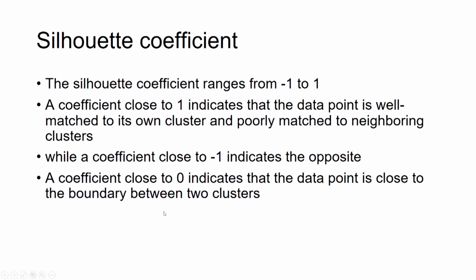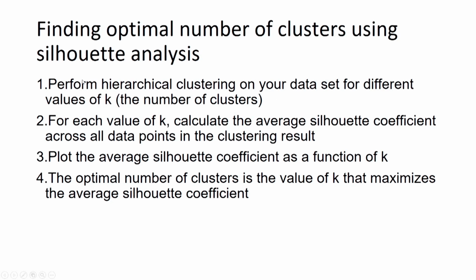In that case also, whatever Silhouette coefficient we are having for different data points at a particular step, in the next step when we are merging two clusters, again we will calculate Silhouette coefficients for all the data points, and if that Silhouette coefficient value is closer to -1, it means we should stop, we should not merge these two clusters, because after merging your Silhouette coefficient value is not good, it may be good in the previous step, so we should stop there.